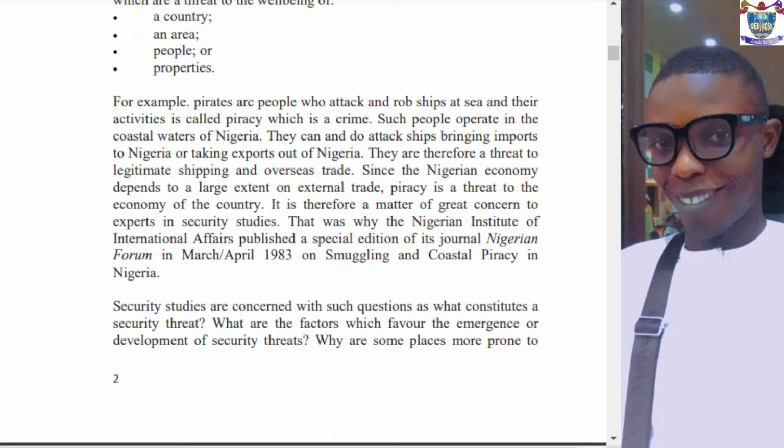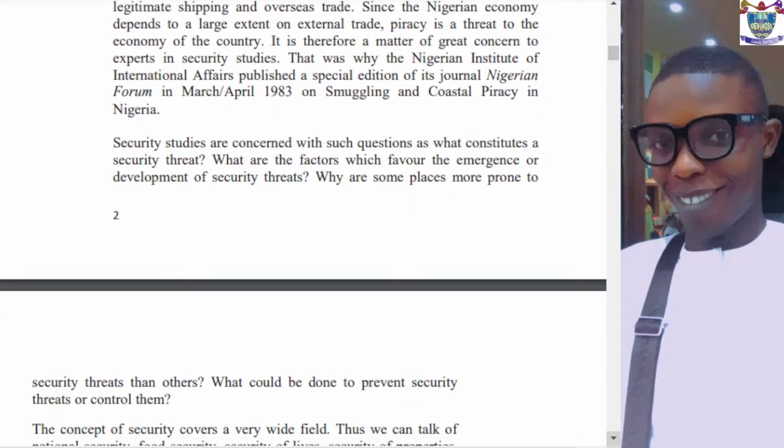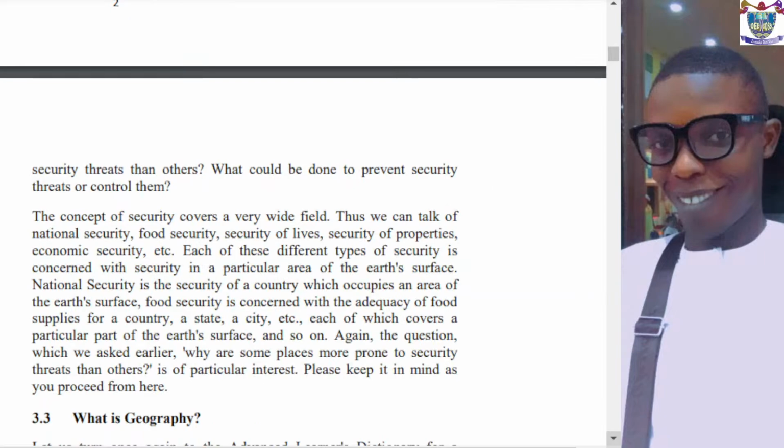Security studies are concerned with such questions as: what constitutes a security threat? What are the factors which favor the emergence or development of security threats? Why are such places more prone to security threats than others? What could be done to prevent security threats or control them?